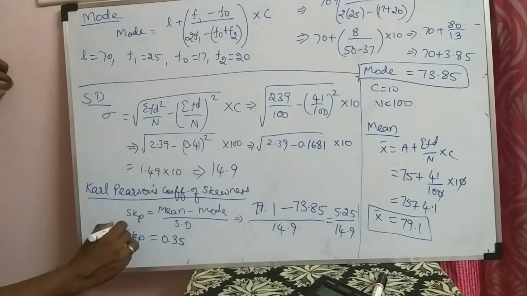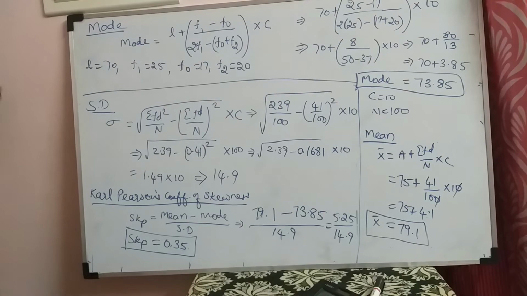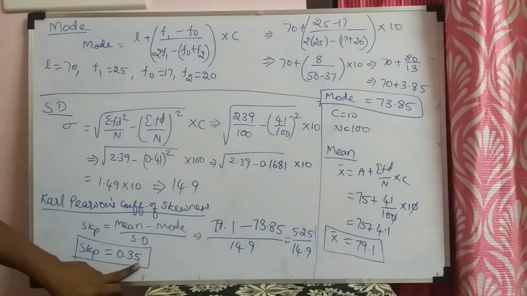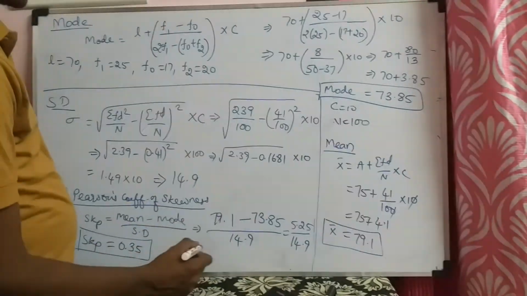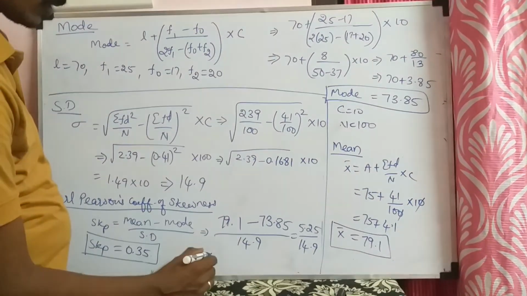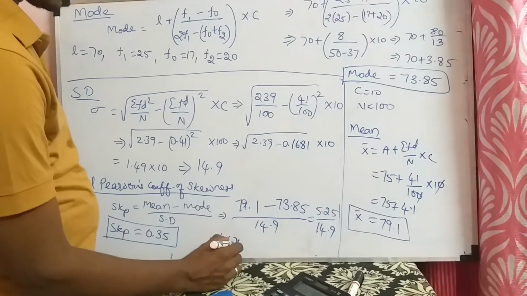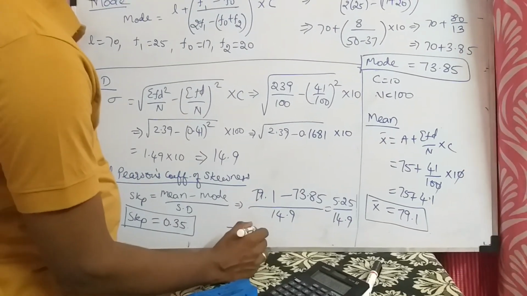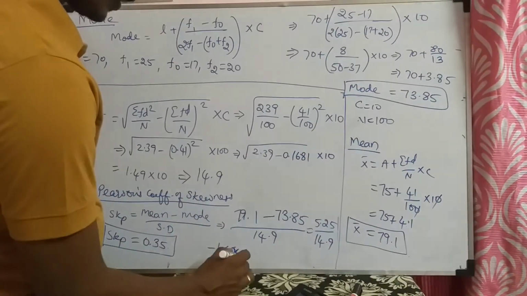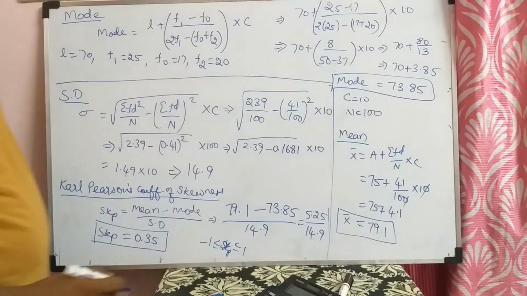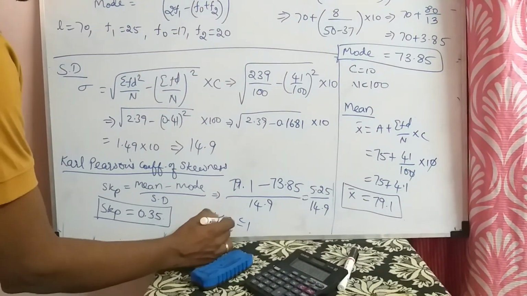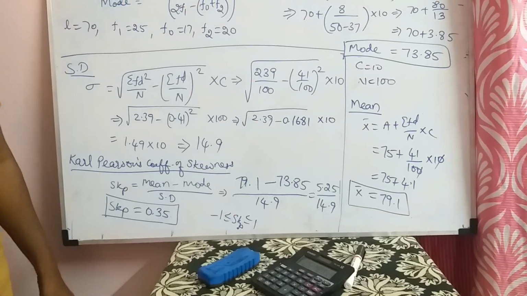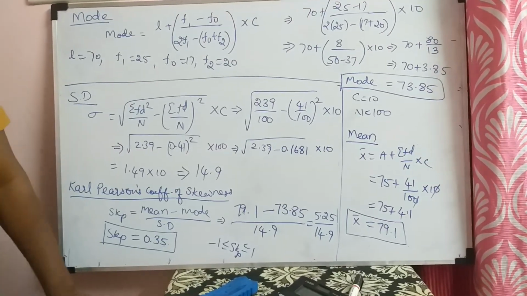So Karl Pearson's skewness is 0.35. This is positive, so it is positively skewed. The range for each and every problem is minus 1 less than or equal to skewness less than or equal to 1. The range is plus or minus 1. Thank you, students.